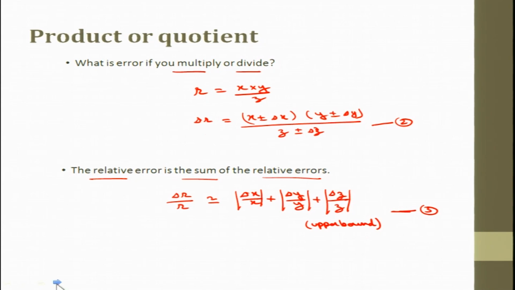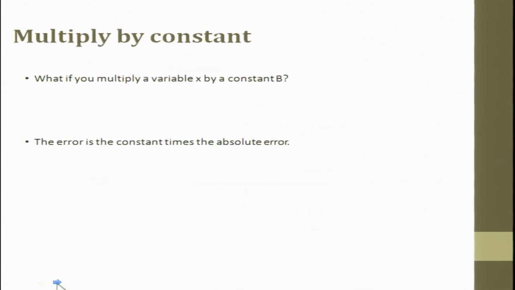So what if we multiply the errors with a constant? If the result is equal to some constant value a into x, the error is the constant times the absolute error. So the absolute error here is equal to a times delta x.